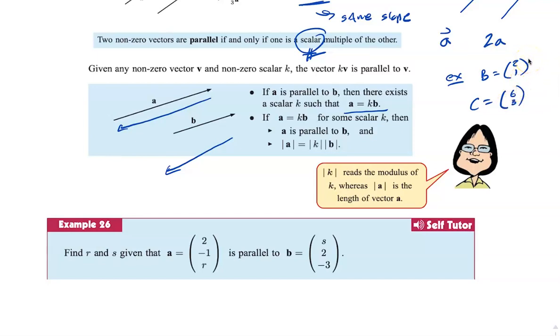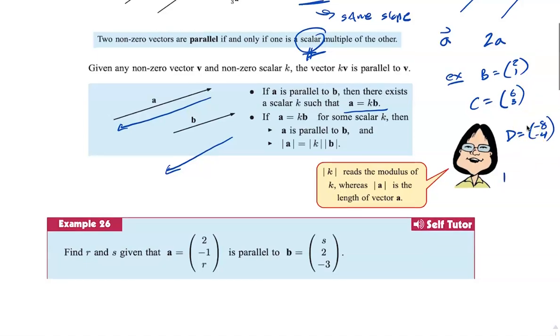I can multiply by a negative number, like -4, so I get (-8, -4). Those two are parallel. And I can multiply by 1, and I get (2, 1) again. This is actually the most popular version. A lot of times when they say draw something parallel, a lot of people just use the exact same vector. That's considered parallel. Your K is 1. So all these are parallel. As long as you take your original vector and multiply by any number you want, those two will be parallel.